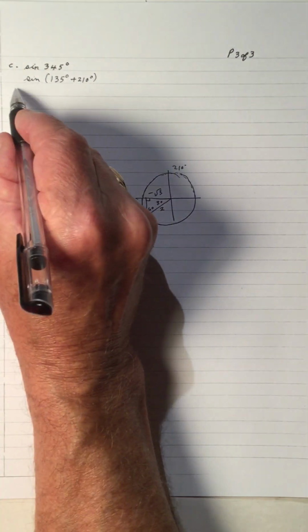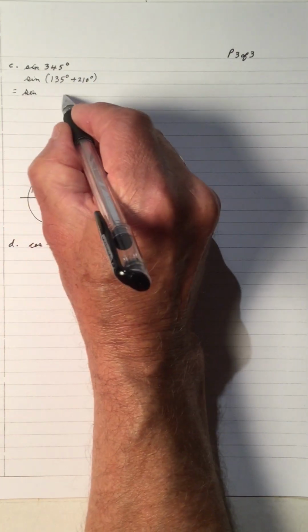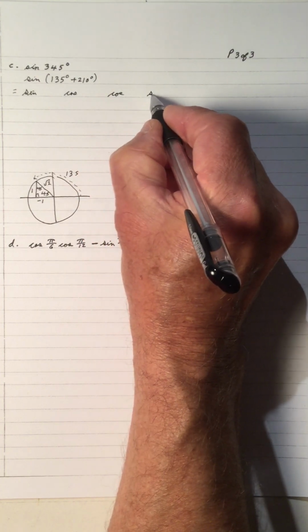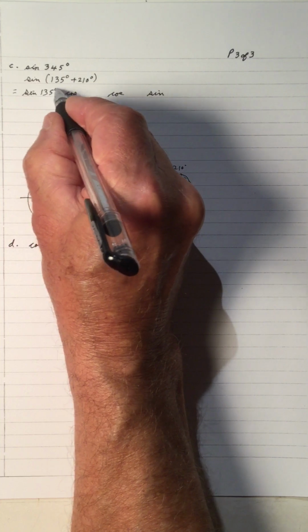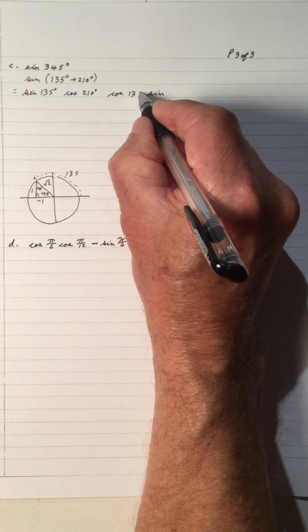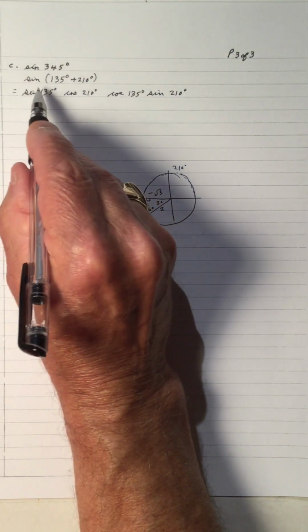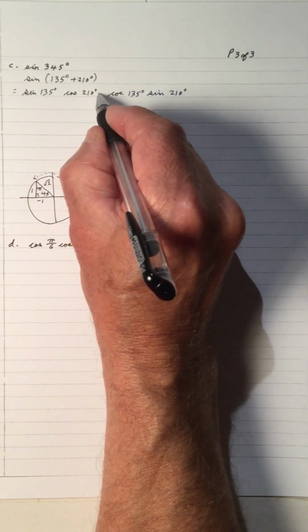Now let's write what this one is. Sine cos, cos sine, and we got 135 degrees, 210 degrees, 135 degrees, 210 degrees, and the plus stays as a plus.